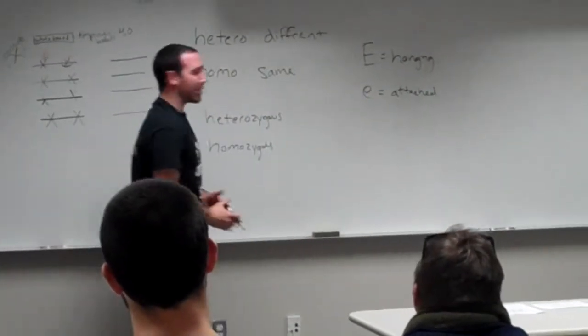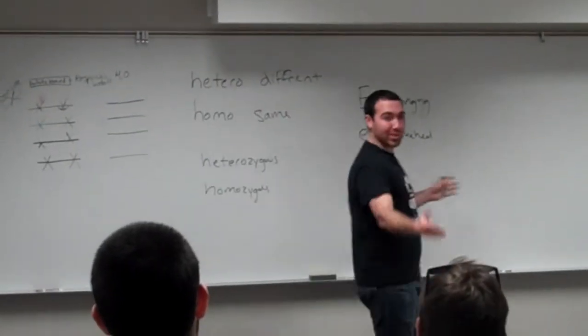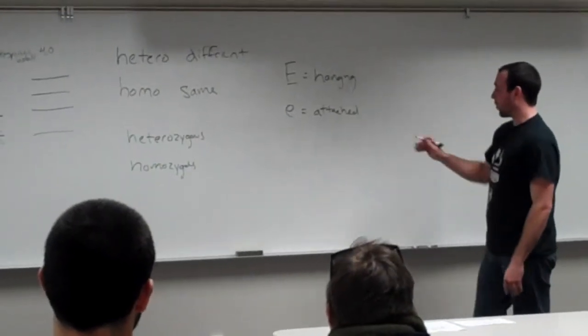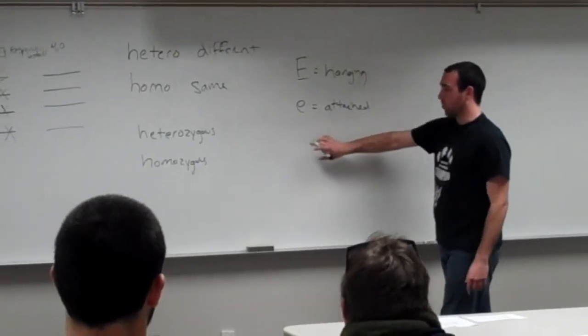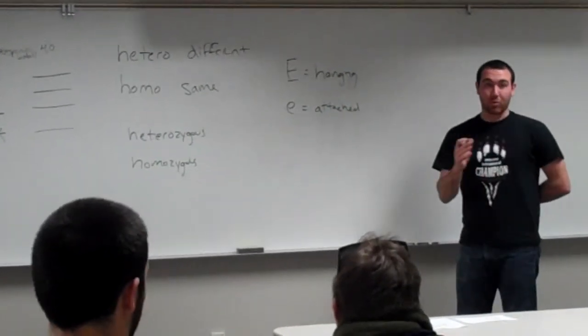So I'm going to give you guys an example. So if we have, what's your name? Katie. So Katie, you have attached earlobes. So what does that mean? Are you heterozygous or homozygous? And for recessive or dominant?